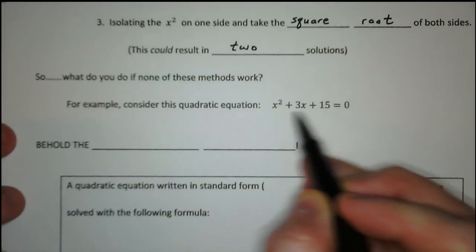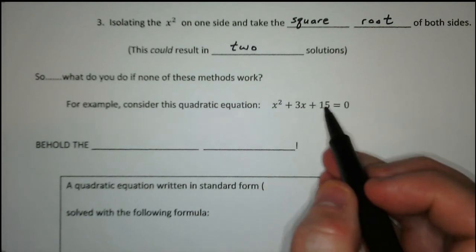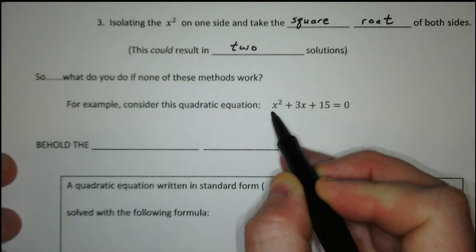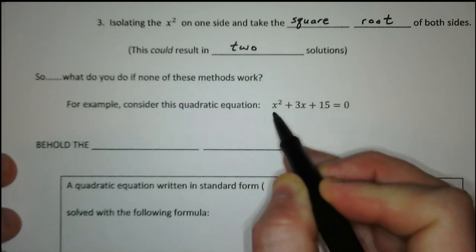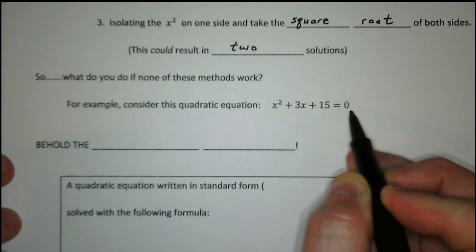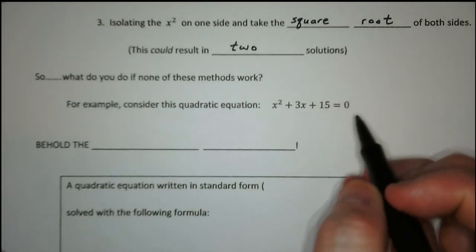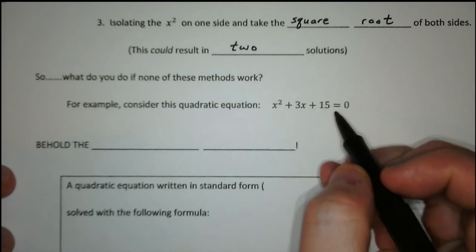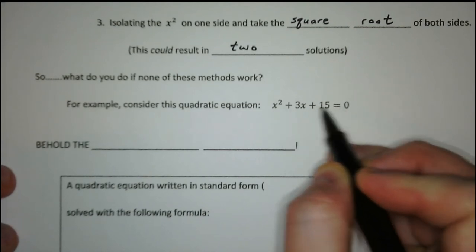What if I told you to factor, well, first I should say, what if I told you to solve that? What about this equation? Let's solve it. Your first plan, your plan A, would be to factor by GCF. There is no GCF.